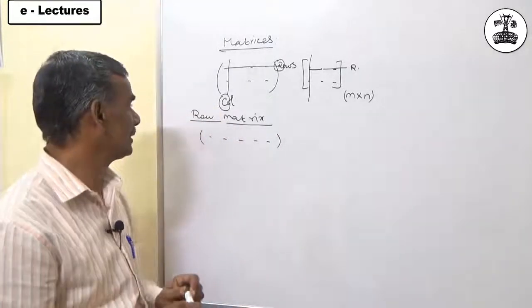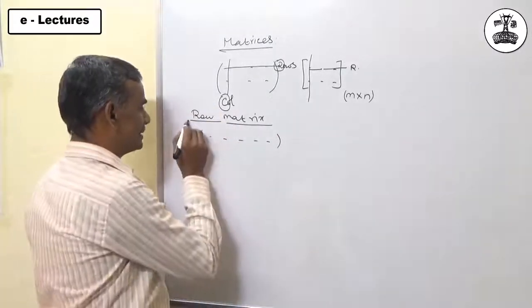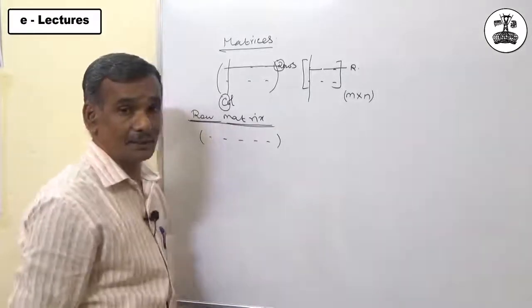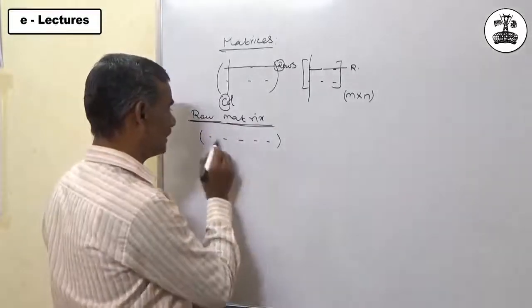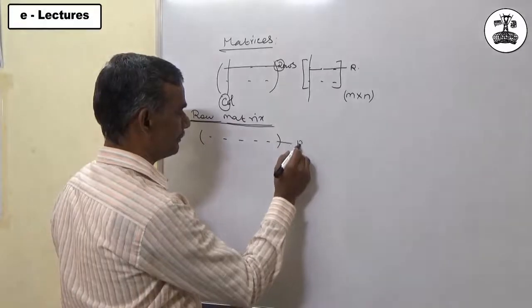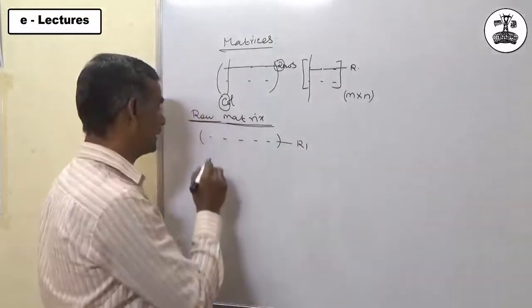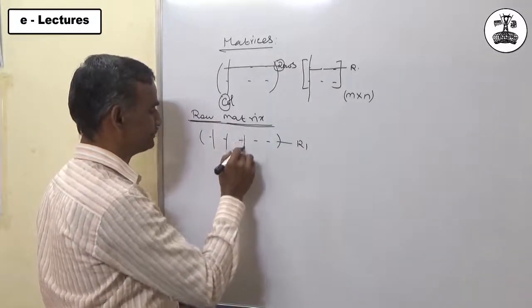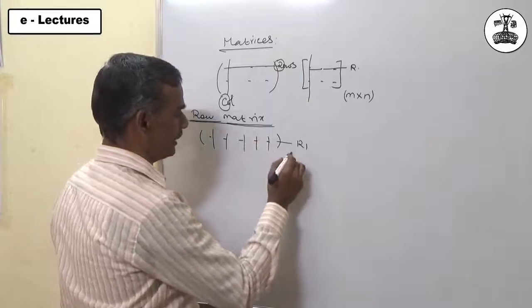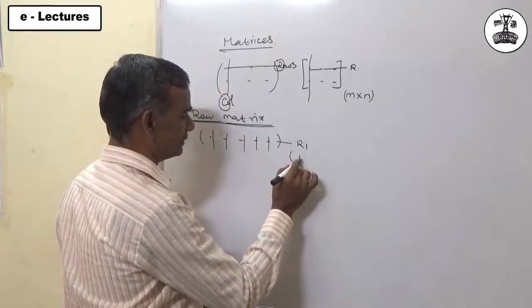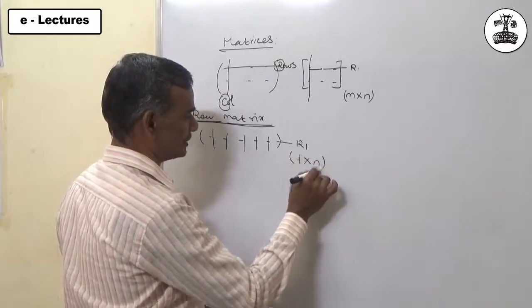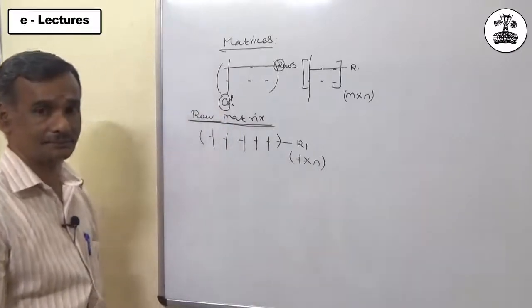A row matrix is nothing but if a matrix has a single row but any number of columns. The order is 1 cross n. N may be any number.